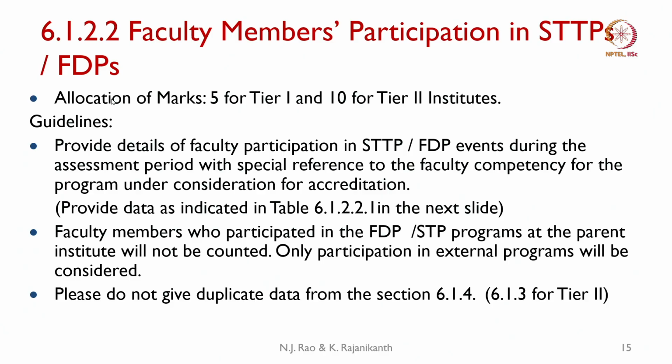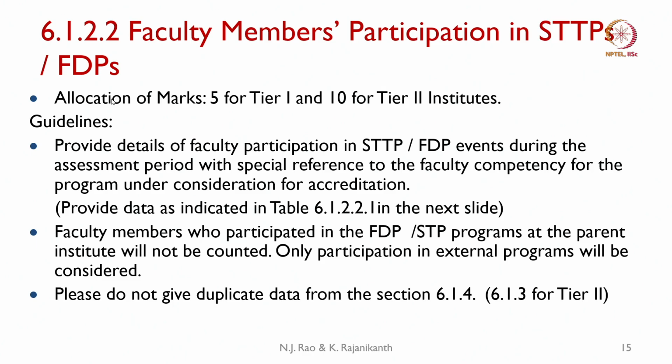Then faculty participation. The previous one was as a resource person, but now this is faculty participation. Again 5 marks for Tier 1, but 10 for Tier 2. So, again simply provide all the details. Faculty members who participated in the FDP or STTP program at the parent institute will not be counted. This is important. If the FDP or STTP is organized at the parent institute, and a faculty member participates in that, that will not be counted here.